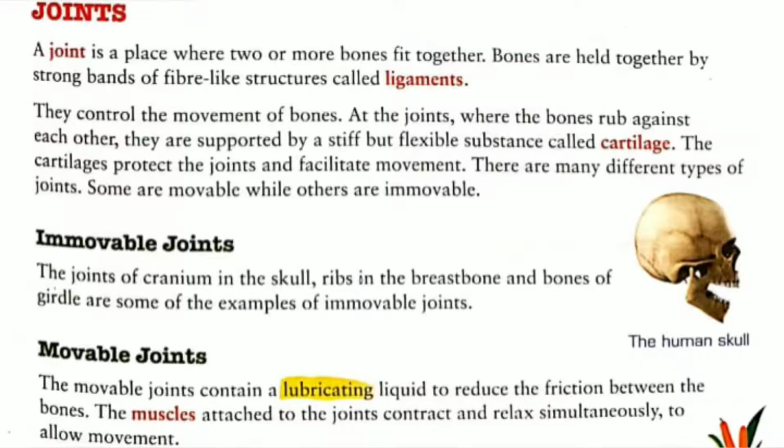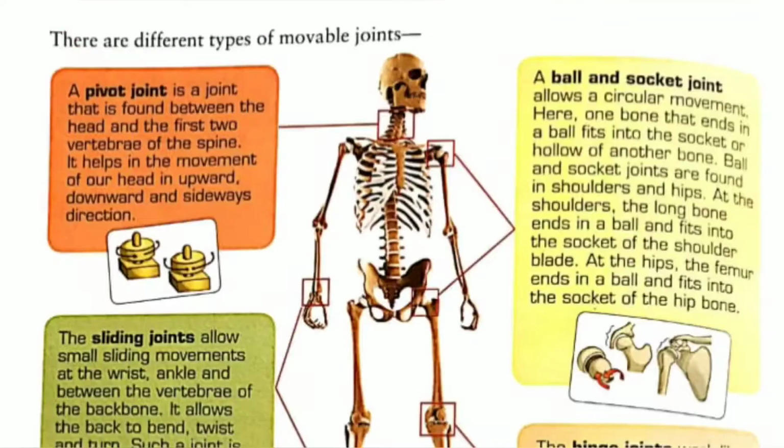So there are two types of joints, movable joints and immovable joints. Only movable joints allow our body parts to move, and immovable joints remain fixed at one place. Again, movable joints are of different types.